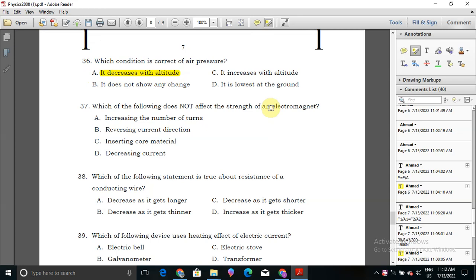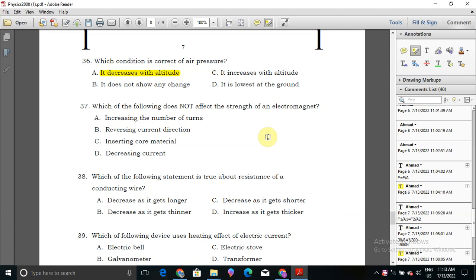Okay, now question number 37. It says, which of the following does not affect the strength of an electromagnet? What we have here: increasing the number of turns, reversing current direction, inserting core material, decreasing current.